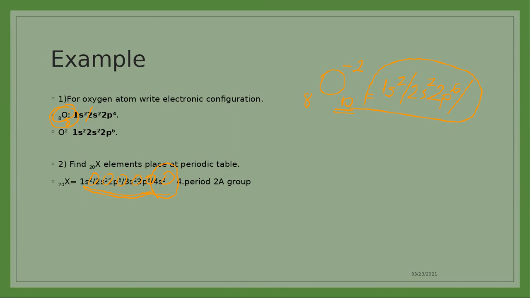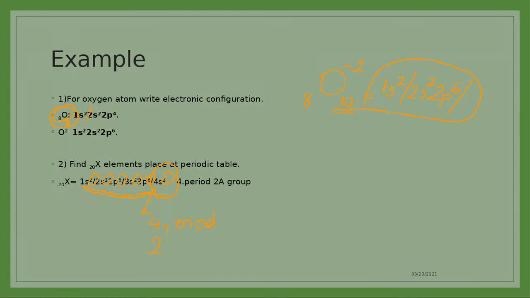But for the position in the periodic table, you have to look at the last shell. What is the shell? The fourth shell, and this is the fourth period. Then, to find the group, you collect the electrons on the last shell. What's that? This is only 2. That means 2, but is it the A or B group?